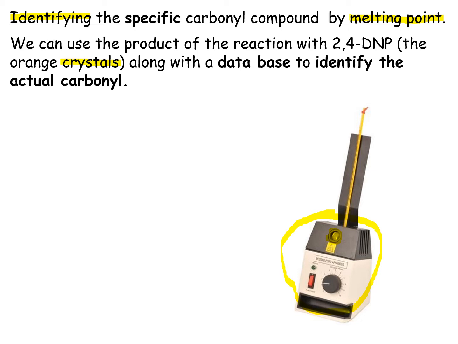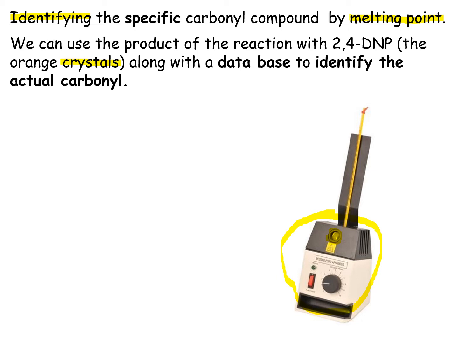Now, why do we measure the melting point? Well, every pure substance will have its own specific melting point. And with these carbonyl compounds, there is a database of those melting points that you can refer to.